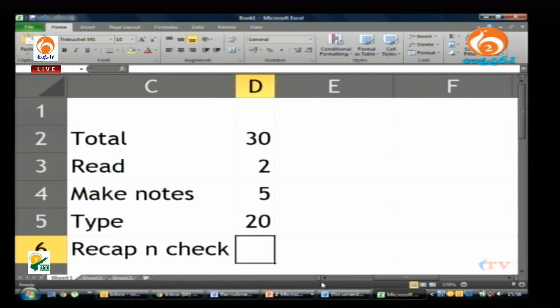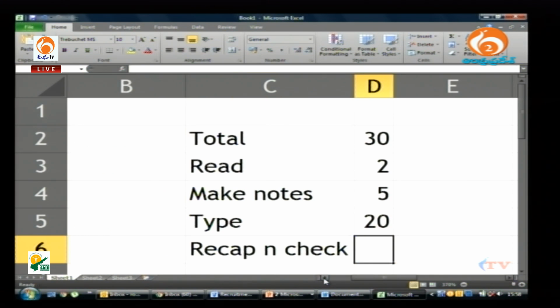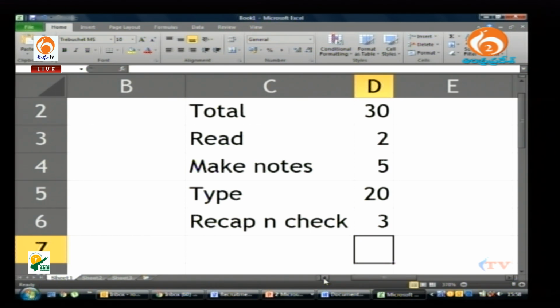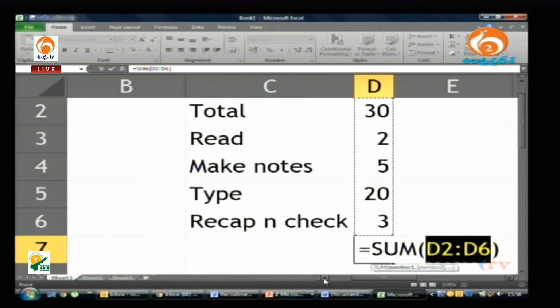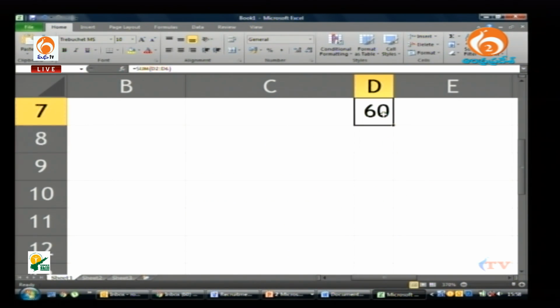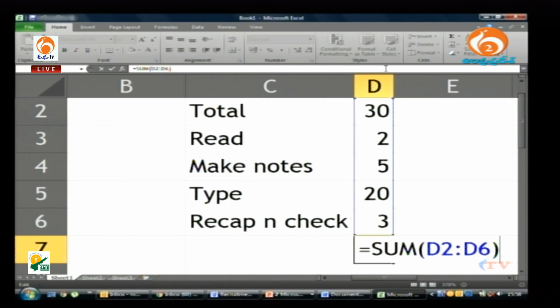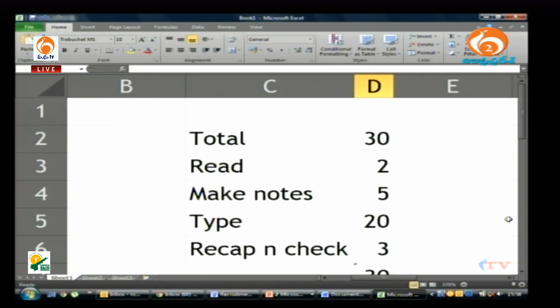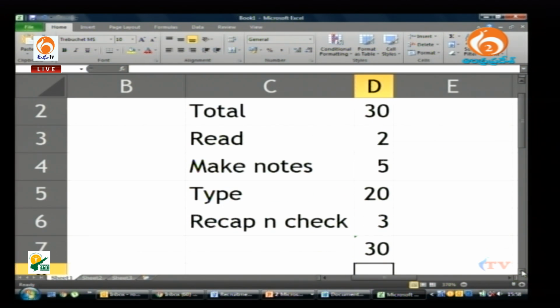Recap and check for 3 minutes. So, if I have to do the total here, so my total is 30 minutes.